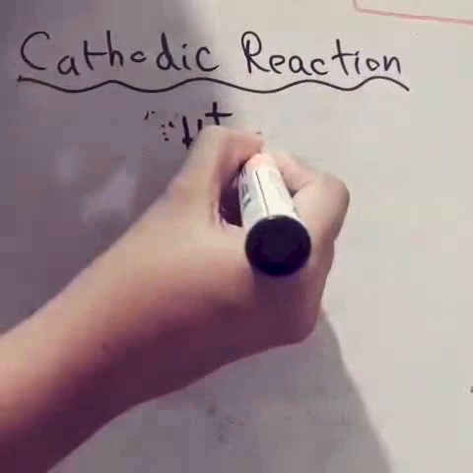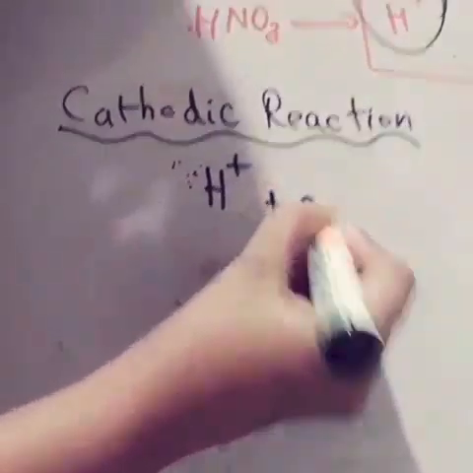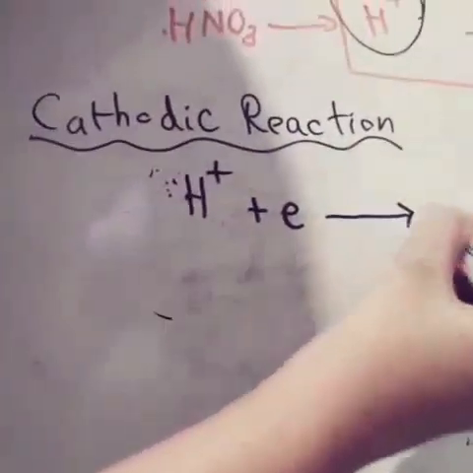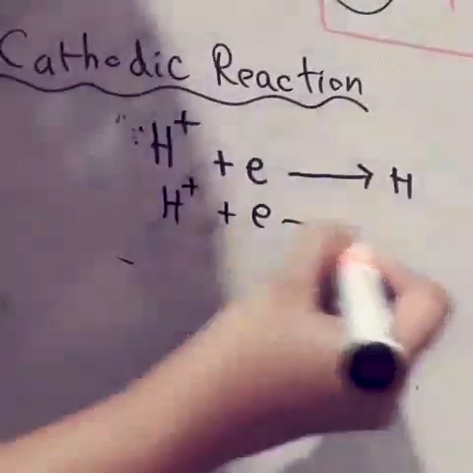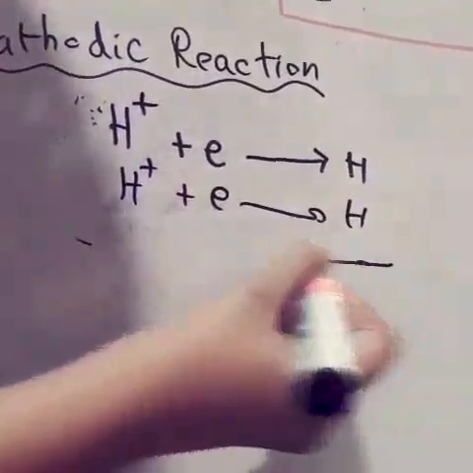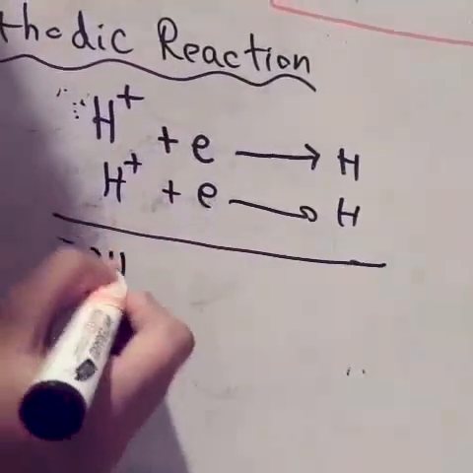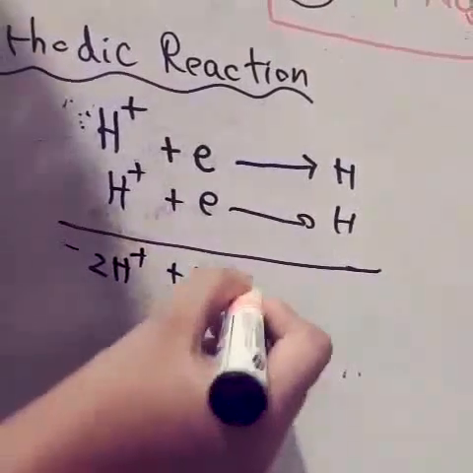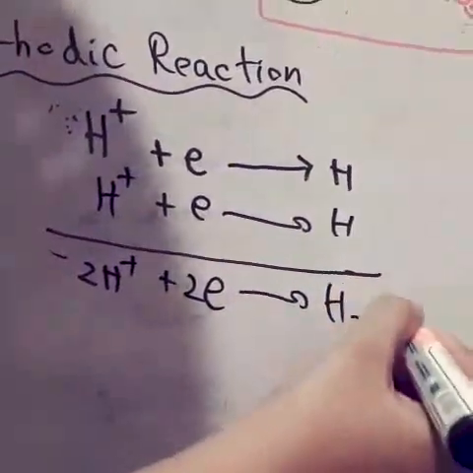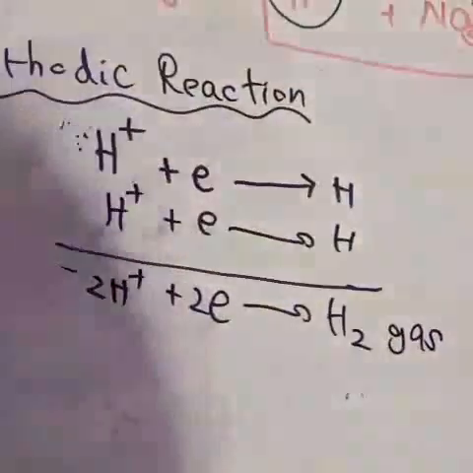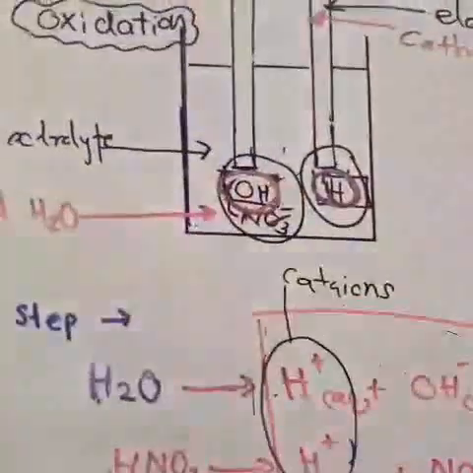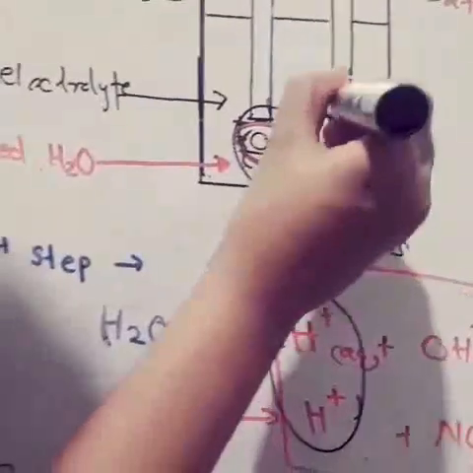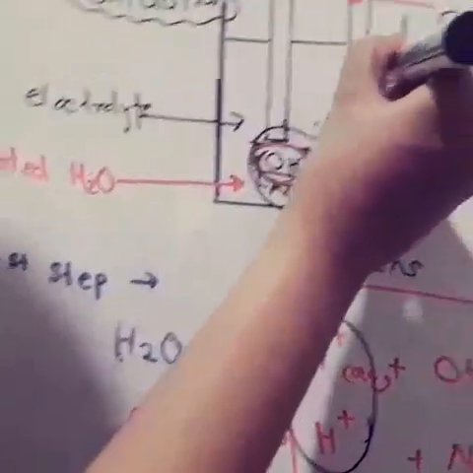Therefore, they have the ability of taking an electron and turning into a hydrogen atom. And if it happens another time, with another hydrogen atom, together it would make 2 H plus 2 electrons and H2 gas. So when this reaction is taking place, hydrogen bubbles are arising here.